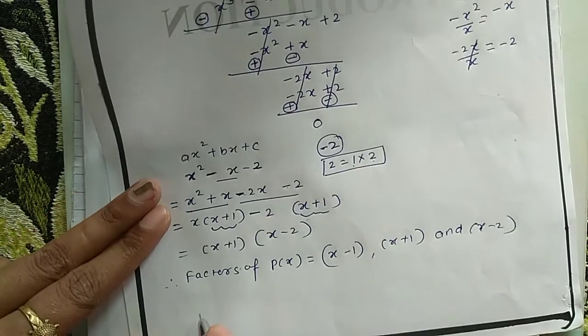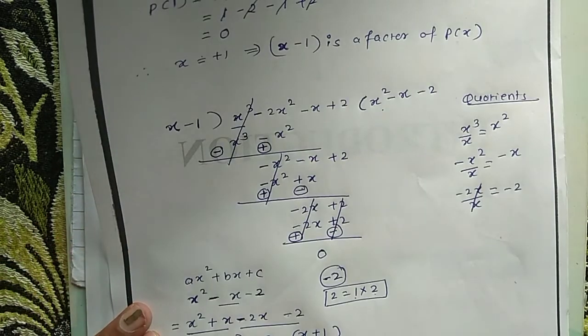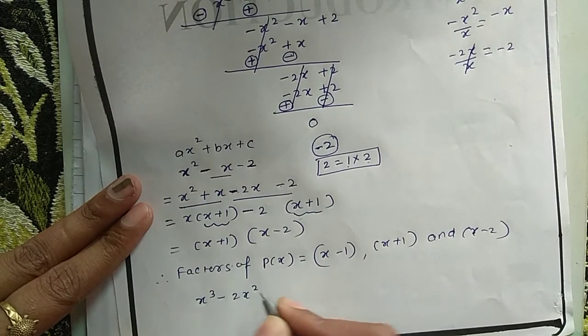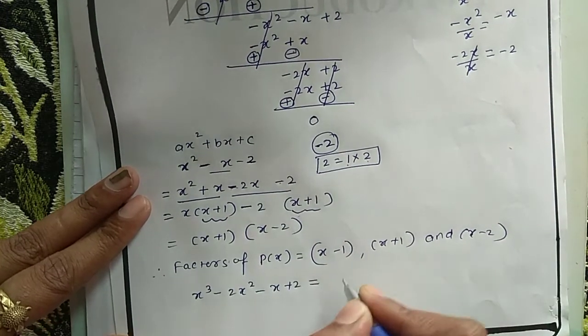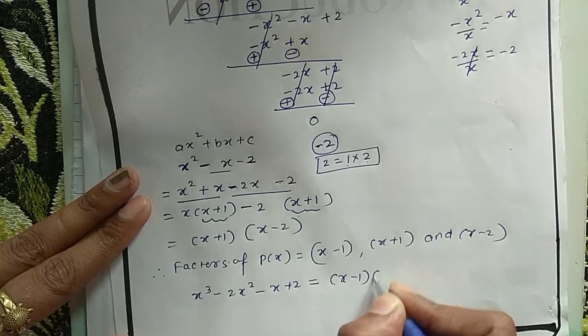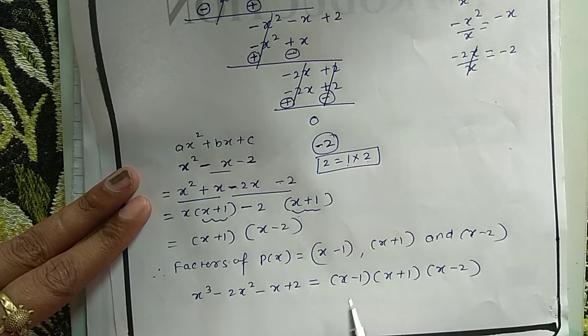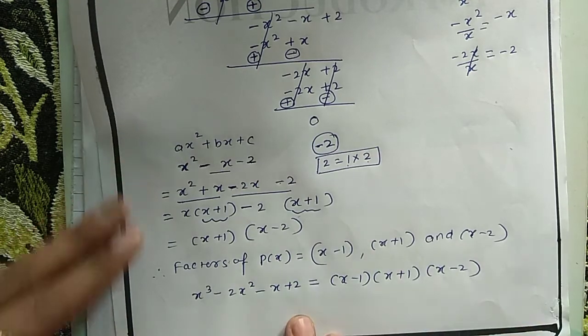Otherwise you can write the same answer as, write the given polynomial in factorization form, that is x minus 1, x plus 1, x minus 2, because factorization is nothing but the product of the factors of the given polynomial.